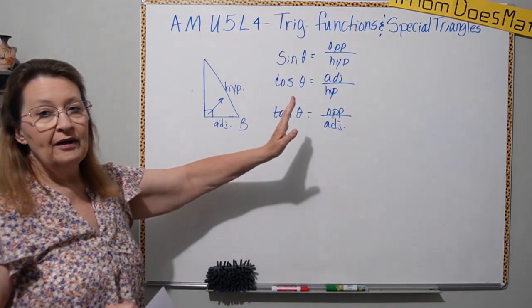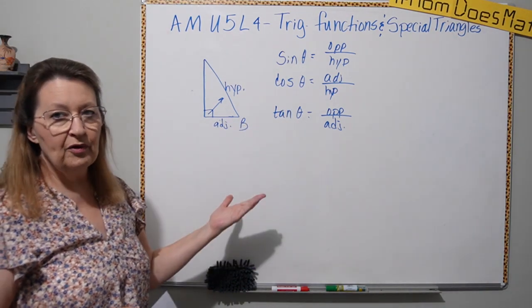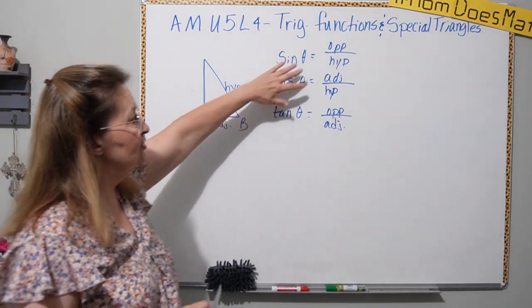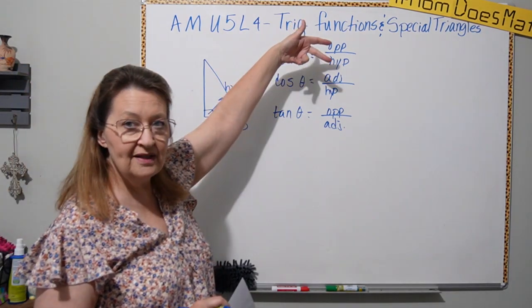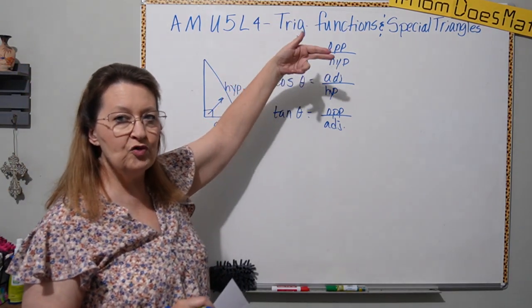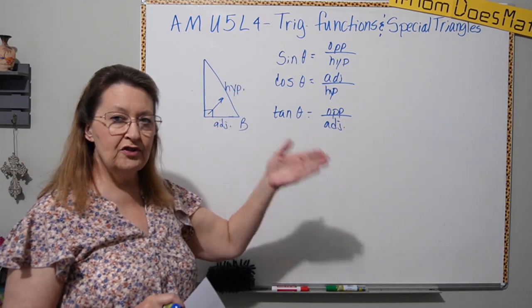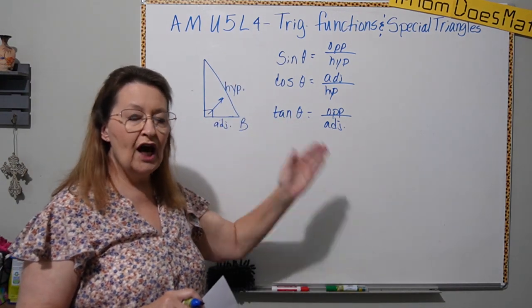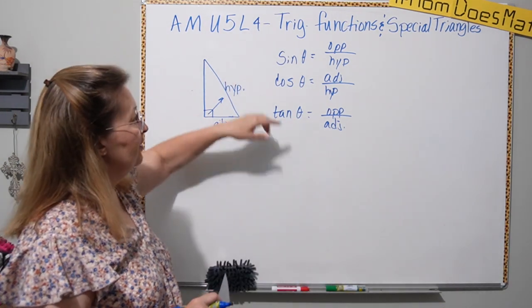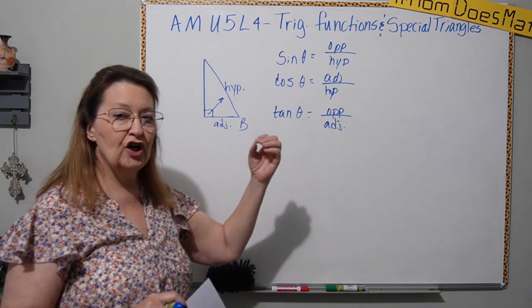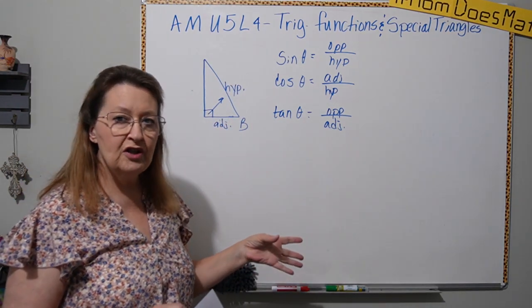Now the other three are what we call reciprocal functions, because they are actually just these flipped upside down. It's remembering which one goes where, because you have reciprocal functions and you have co-functions. For example, sine and cosine, those are co-functions, but they're not reciprocal.